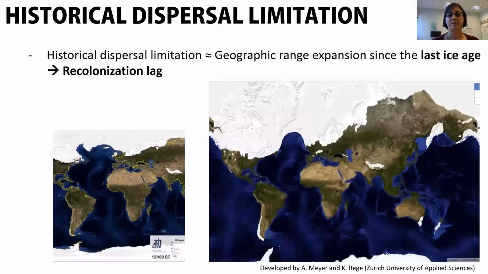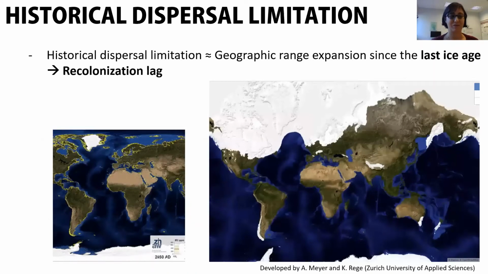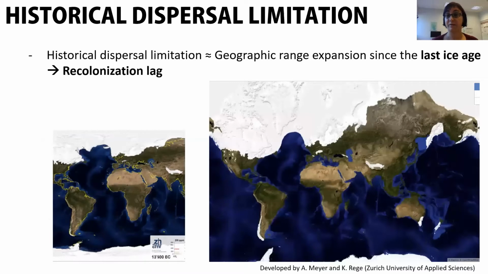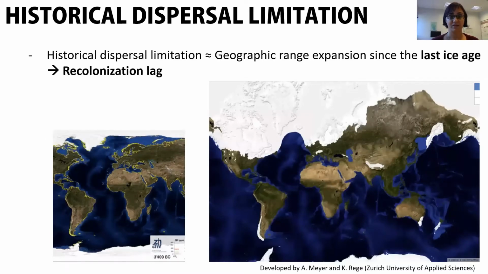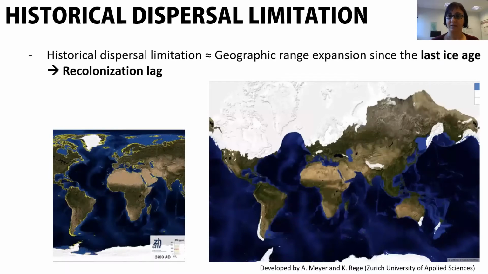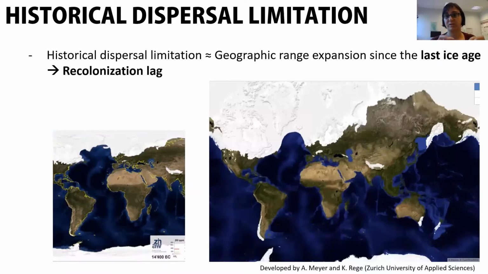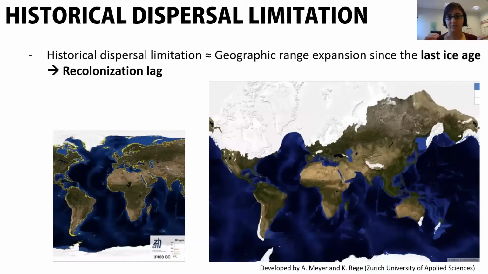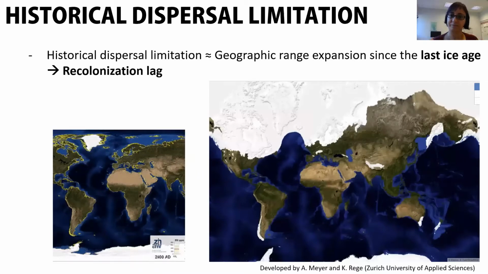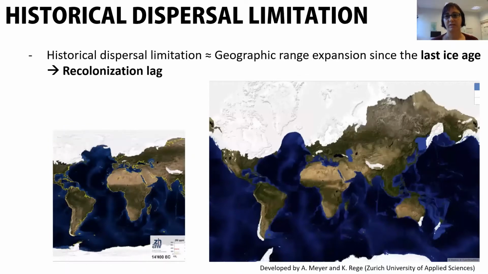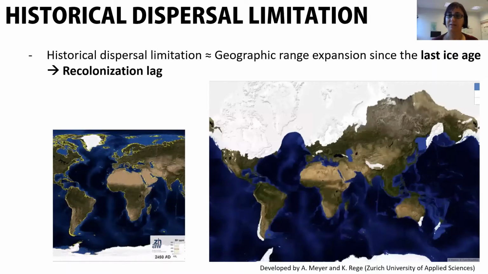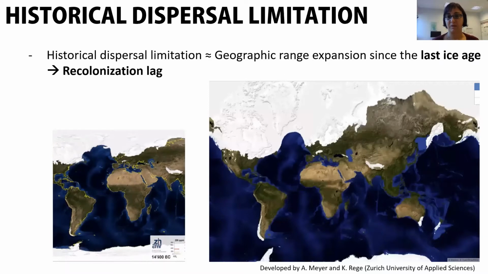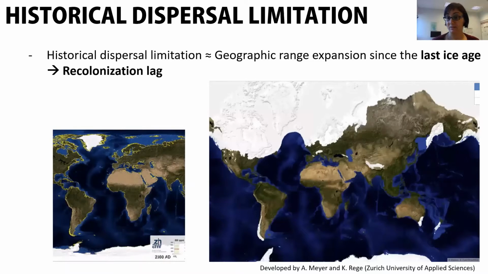What we mean with historical dispersal limitation is that not so long ago, 20,000 years ago, the northern latitudes were covered by an ice sheet, and since then the taxa whose ranges were restricted to the south of Europe or the south of North America had to recolonize those northern latitudes. So what we are trying to assess is to which extent they have been able to expand their range to those localities that now might have suitable climate and suitable habitats, but they are still on the way to get there.